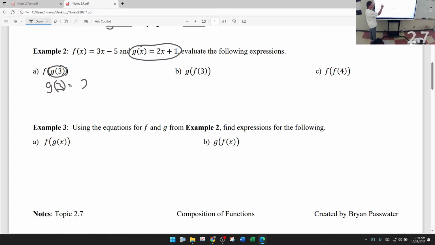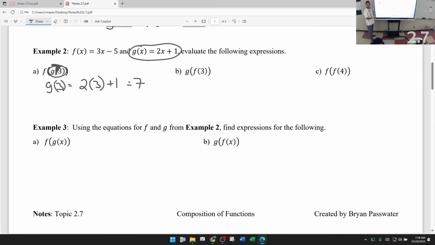is equal to 2 3s plus 1. Is that the same function we started with? No, it was minus 3. 6 plus 1 is 7. So G of 3 is 7. So really what you're doing, guys, is you're replacing this G of 3 with 7, because that's what it is.